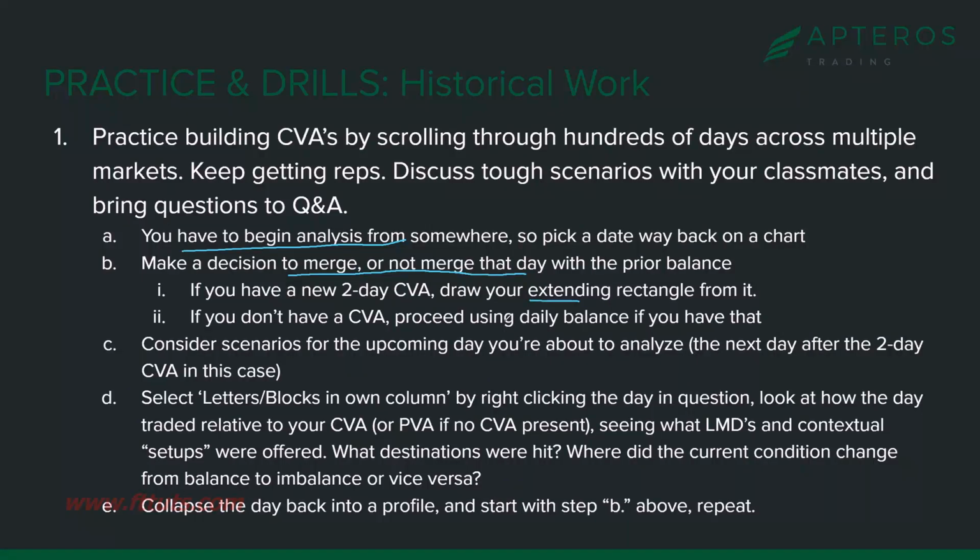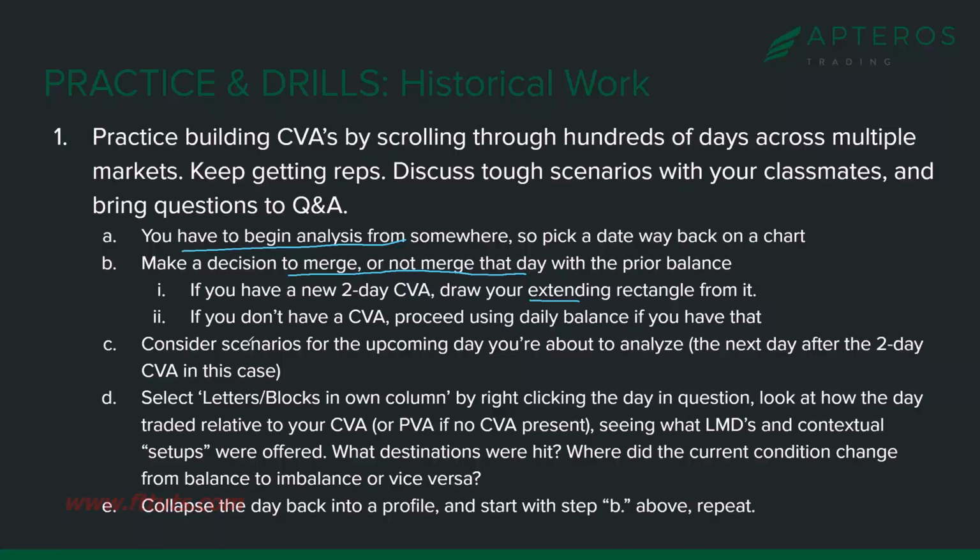If you don't have a CVA yet, proceed as normal in terms of hypos and all the stuff we've been doing, but just use the prior day's value if it's a good value. If it was just a big elongated trend day, remember, nothing exists. That day might as well not be there. And so you might as well just go pick another day. Move to the next day, right? And begin the process again.